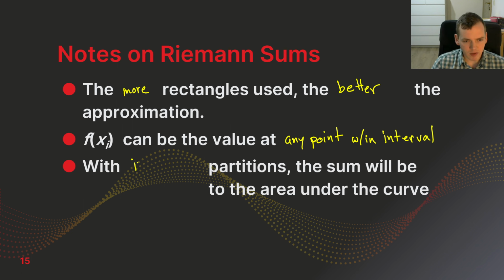And with infinite partitions, or infinite rectangles, so if you take the infinite sum, the sum will be exactly equal to the area under the curve. In other words, if we have the infinite sum, we get the exact area.